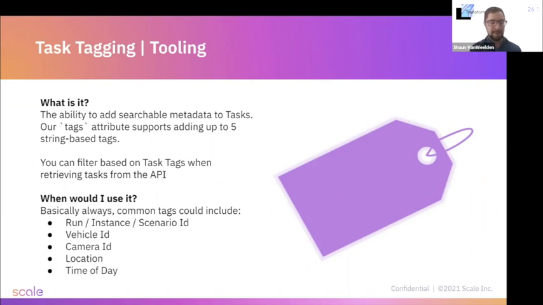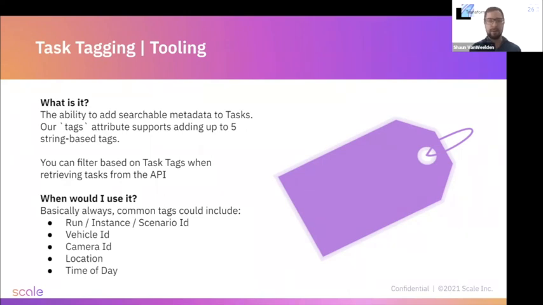But the coolest part is you can go ahead and actually filter based on the task tags when retrieving tasks from the API. So for example, if you want to filter based off of a run or instance or scenario ID, you could do so and say, hey, I want all the images from that given run to come back to me.